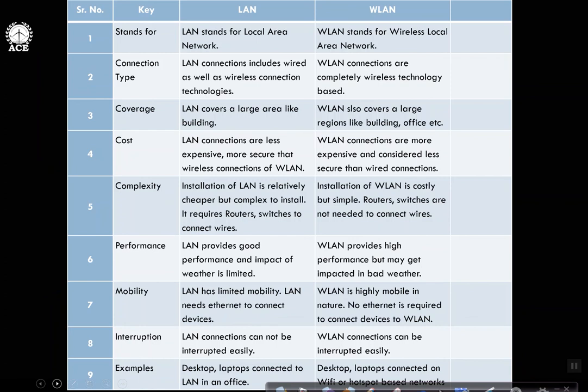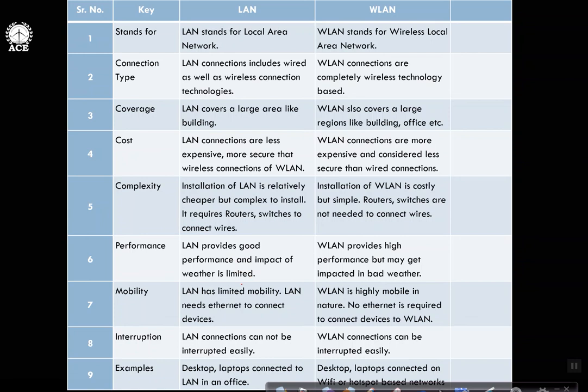Now, let us look at the comparison between wired LAN and wireless LAN. This is your traditional LAN, and this is your wireless LAN. LAN stands for local area network, WLAN stands for wireless local area network. Connection type: wired as well as wireless in LAN, and completely wireless technology in WLAN. Coverage is just like a building, and here it may be the same. The cost is less expensive for LAN, and more expensive for WLAN. Complexity: LAN may be relatively cheaper, but it is complex to install, since you make physical connections between the wires, switches and bridges, whereas WLAN is relatively less complex to set up.